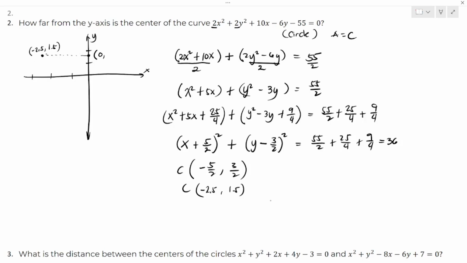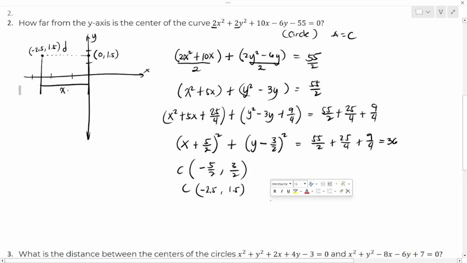Dapat align siya eh. So, the y would be 1.5. Now, if you would be getting the distance for that, basically, that is equivalent lang sa kung anong distance nito. Anong distance nito, guys? So, that is 2.5. So, yung distance nito would be 2.5 units.